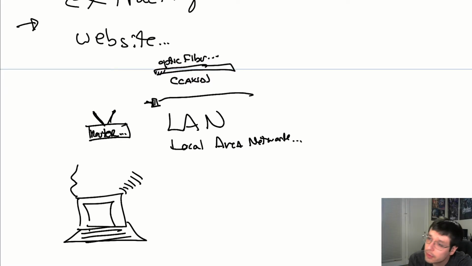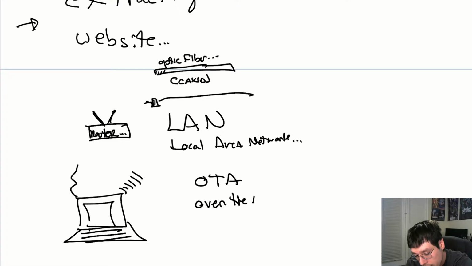It could also, in theory, come over the air, OTA, in the form of things like 5G or 4G, 3G, 2G, all the Gs. It could also be over antenna or even over satellite.